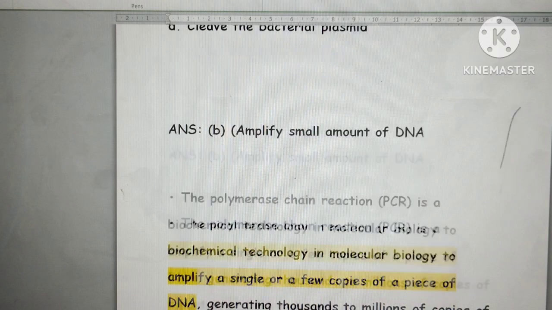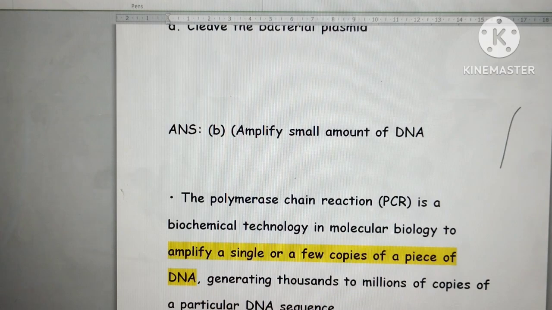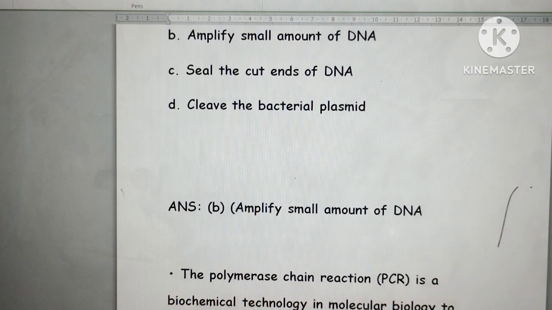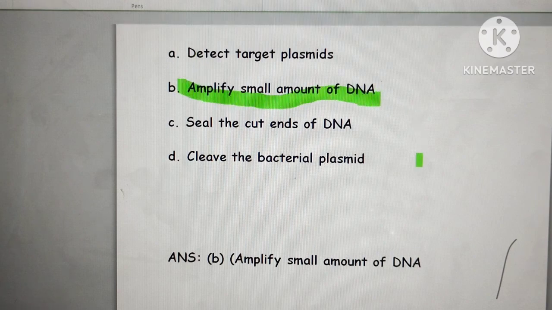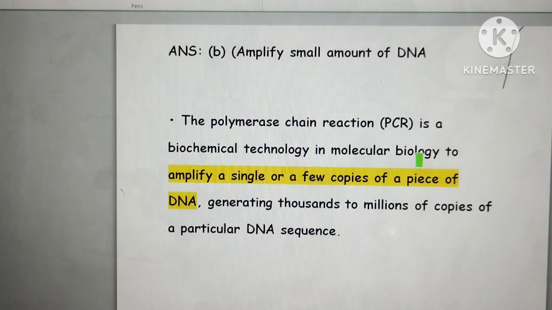A small amount of DNA is converted into thousands and millions of copies of the DNA. That is the main aim of the polymerase chain reaction.